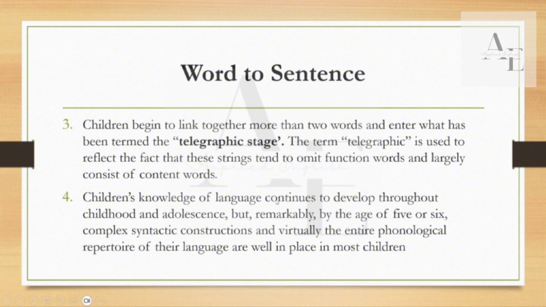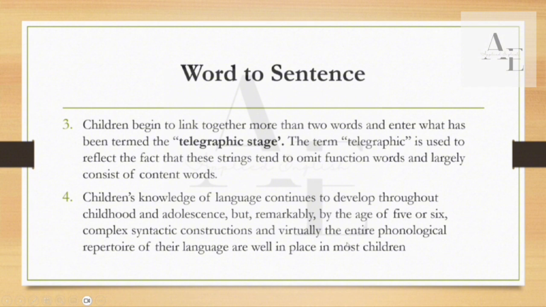And then the children's knowledge of language continues to develop throughout childhood and adolescence. But remarkably, by the age of 5 or 6, complex syntactic constructions and virtually the entire phonological repertoire of their language are well in place in most children.